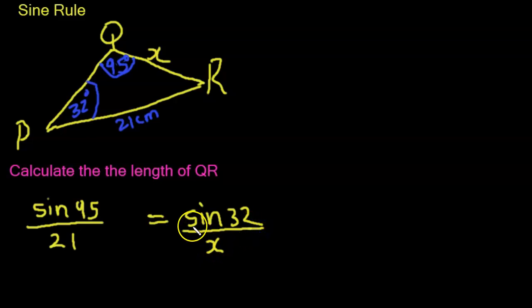Now, we need to get rid of the denominators. And then how can we do that? We can multiply both sides by the product of the denominators. Certainly. What's the product of the denominators? 21x, right?